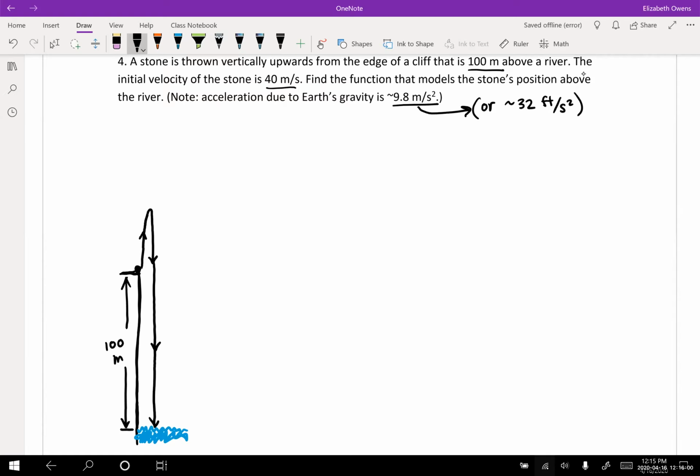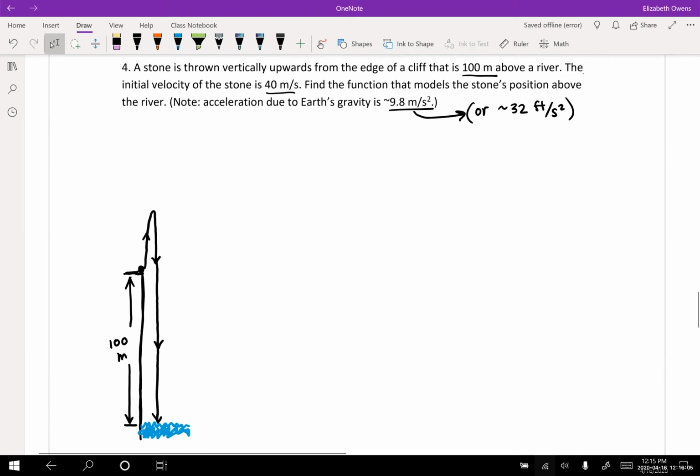And notice how we do have a numerical measurement here, 100 meters above the river. Now, when you're drawing your own picture and setting up your own problem, you can choose which way you want your coordinate system to go. For instance, you could say that you're going to set up your coordinate system so that the surface at the top of the cliff is your 0 point, and then the river would be down at negative 100 meters.